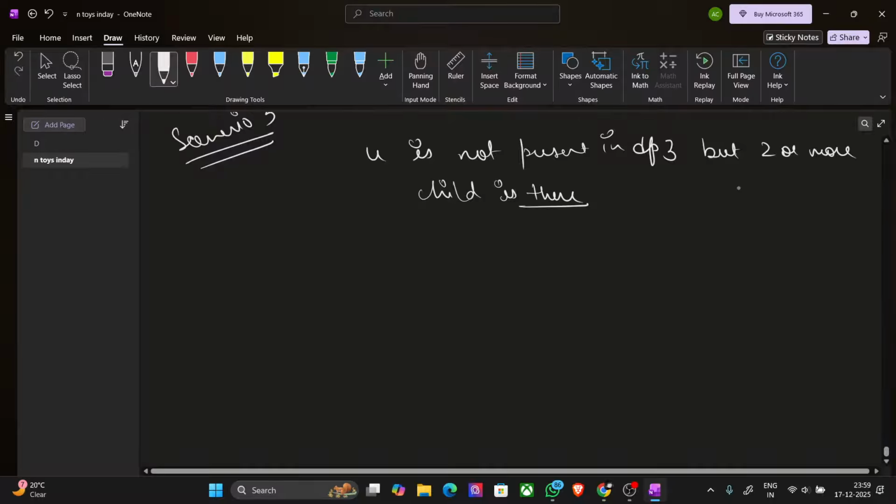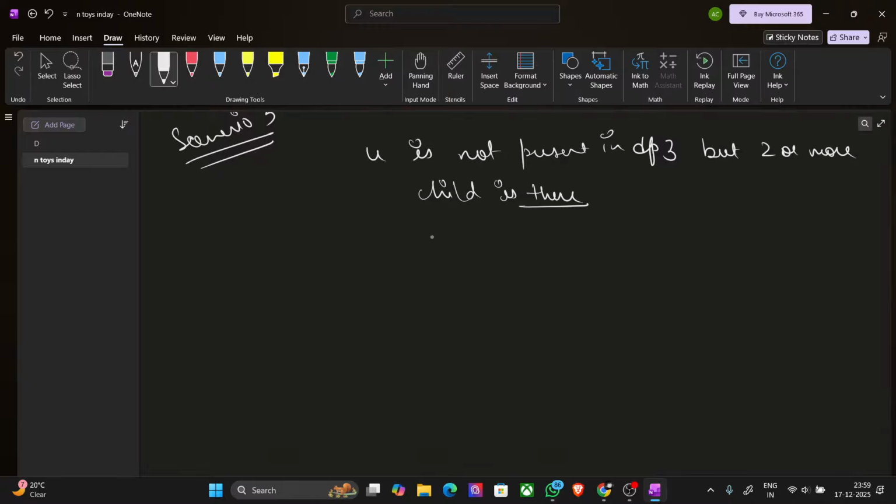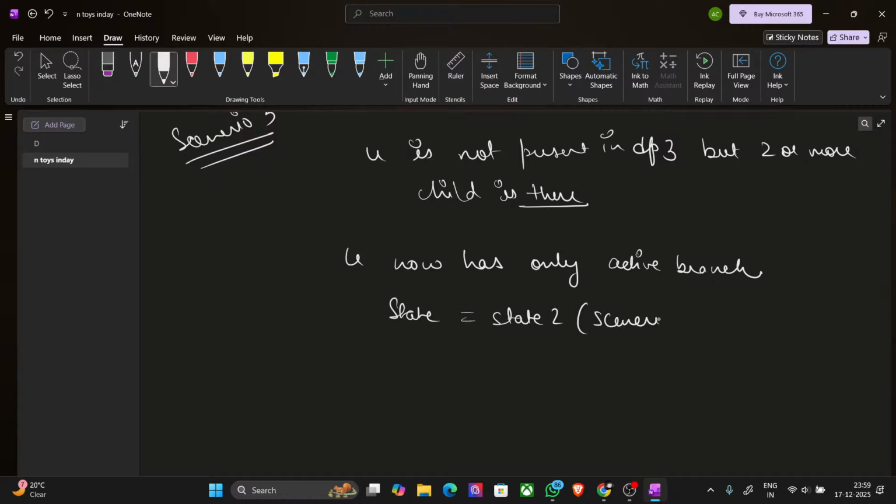If U is not present and two or more children are there, then U now has only one active branch. And my state will be the same as state 2 of scenario 2. We will keep this the same. Correct.